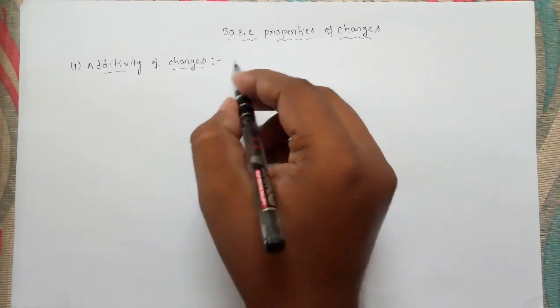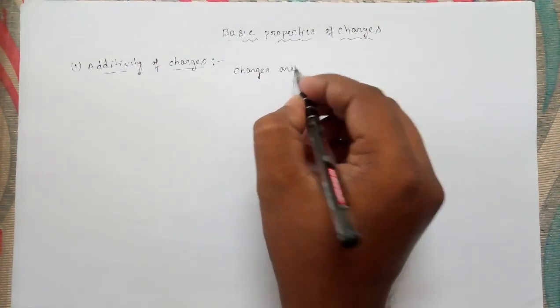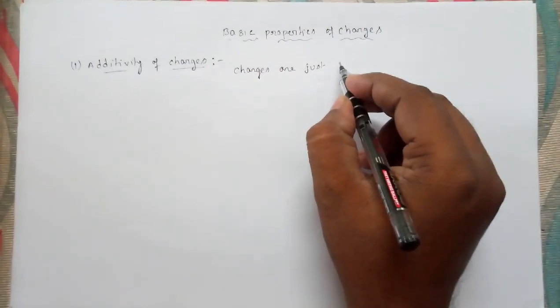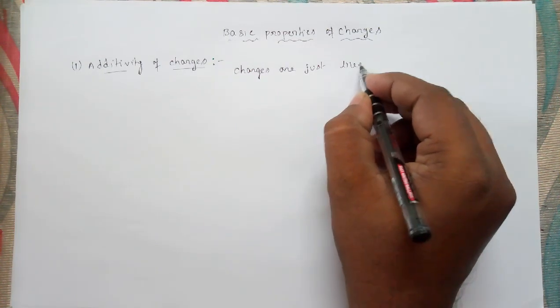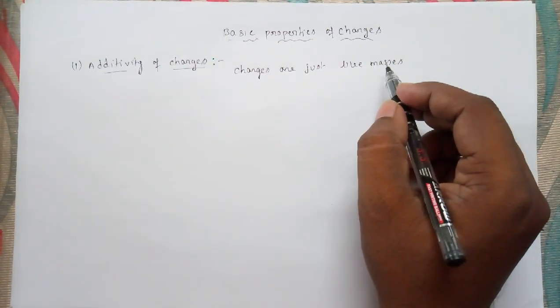So we know the charges we can treat like mass. Why? Because charge and mass both are scalars.